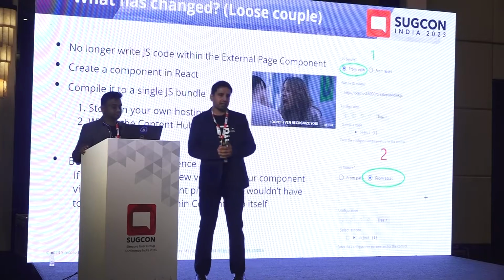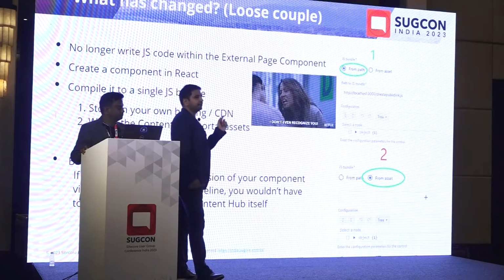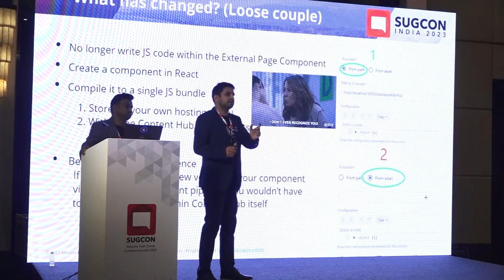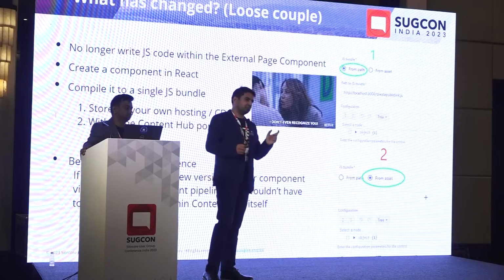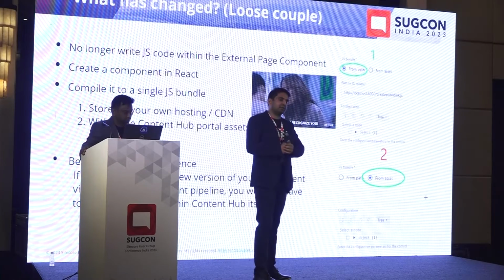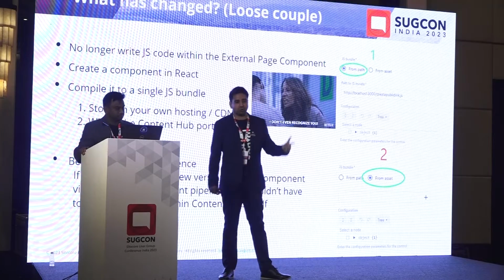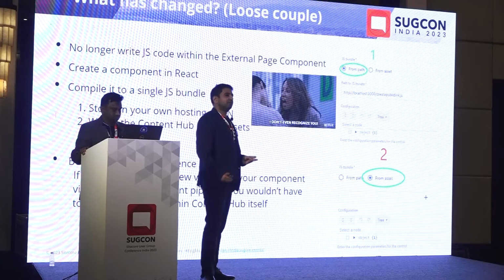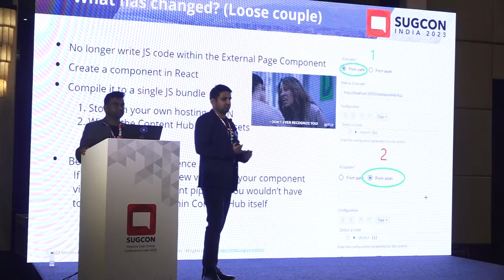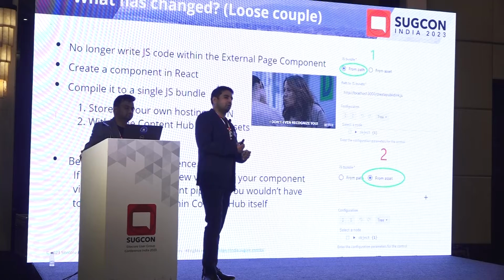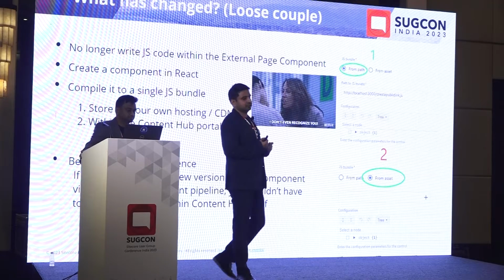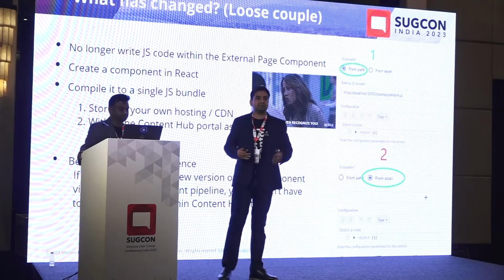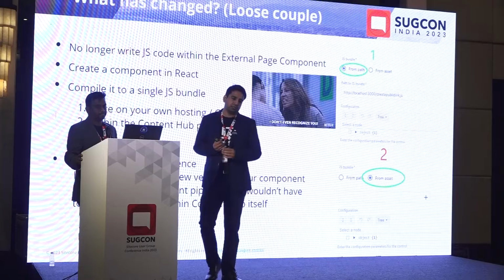Okay. Now let's say you are done with the code, you are done with the bundle.js file, you have hosted that bundle.js file. Now you need to create that external component inside that Content Hub instance. Once you create that external component in Content Hub, it will give you two options. One, use that bundle.js file from your hosted environment, because all your code or all your logic is inside that bundle.js file, which has all the dependencies to run that React component.